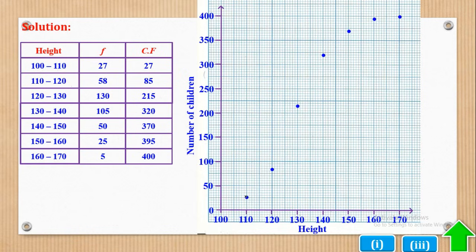Therefore let's draw a smooth curve through those points. It must be as smooth as possible. Now we have drawn, and next is to use it to answer the questions. Now for Roman, okay, let's see the question.